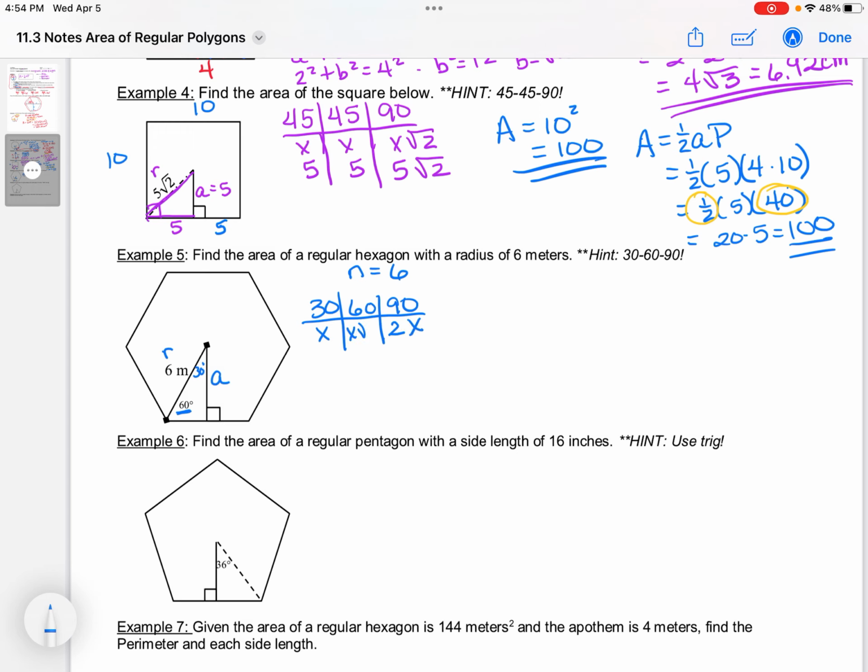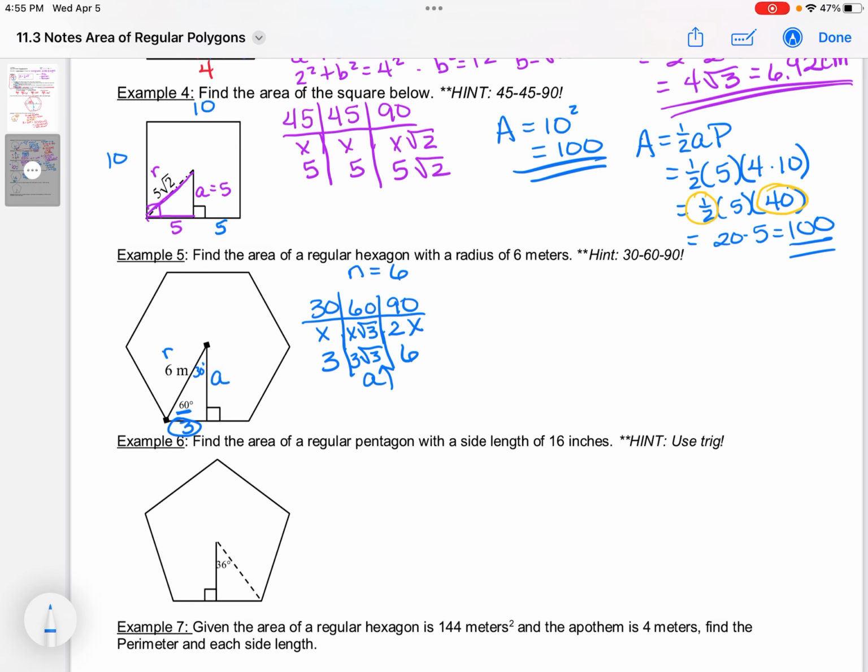So it's all fresh in your mind. X square root 3. So which one did they give us? They gave us 6, which is across from the 90, which means across from the 30 is 3. That's going to be right here.